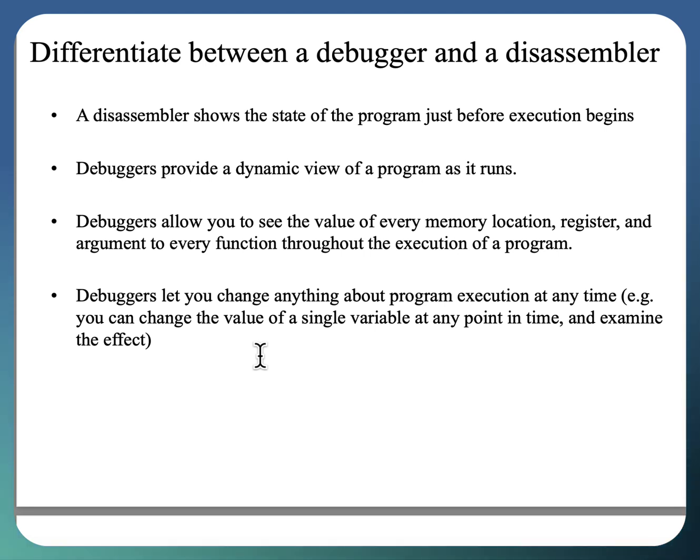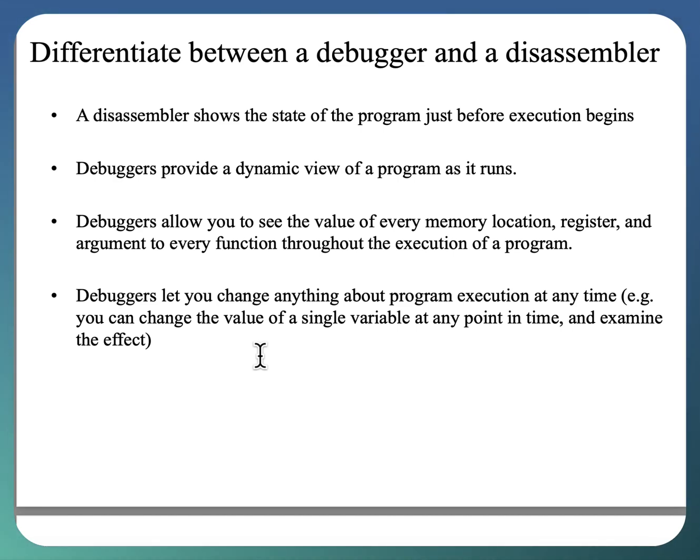You're just analyzing the source code, or trying to gather the source code so that you can analyze it, at least in the assembly language. Whereas a debugger provides a dynamic view of a program as it runs during its execution.